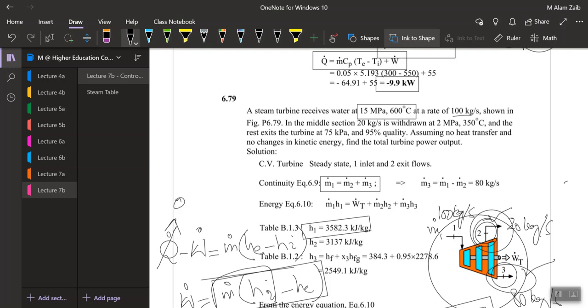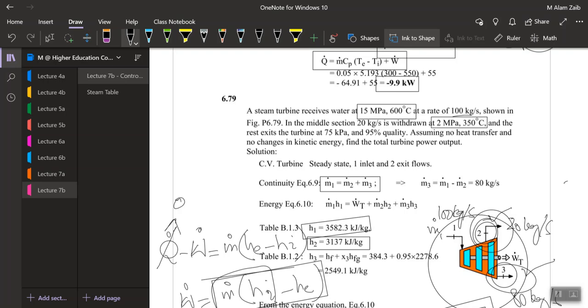For the same, at 2 megapascal and 350 degrees centigrade, as we have done in a previous example, the saturation temperature at 2 megapascal is around 202, so 350 would be superheated. So h2 is again in a superheated condition, just find the superheated enthalpy at state 2 as well.